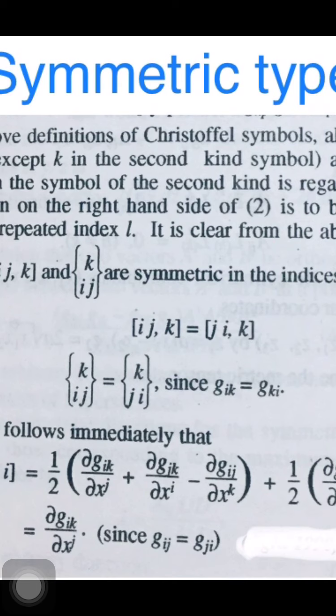Therefore these two types of Christoffel symbol also have the property of symmetry.